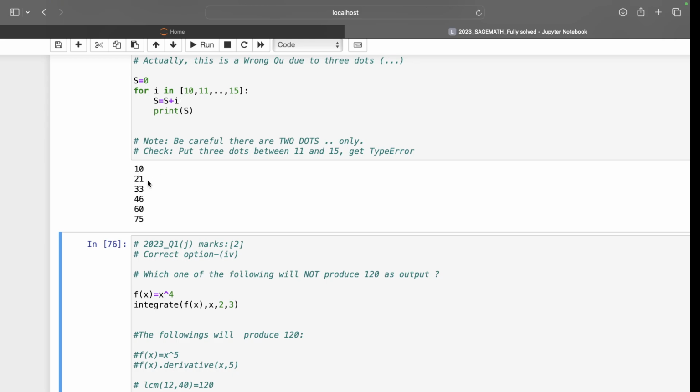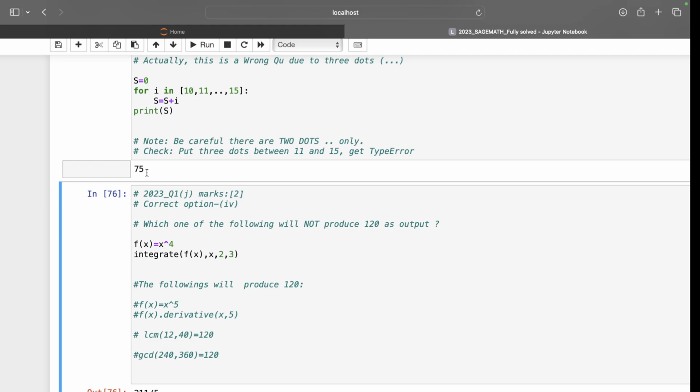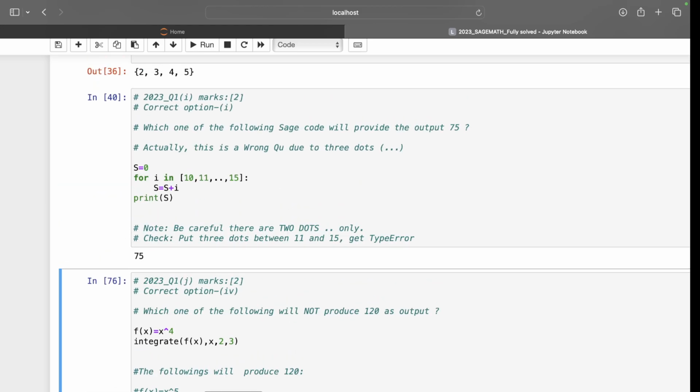Because this print is within the for loop. This is the colon, and this is the indentation for this for loop. Without indentation, if you put this print line outside the for loop and run this, you only get 75. So the correct option is 1.